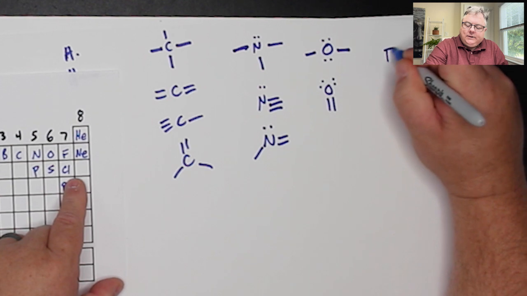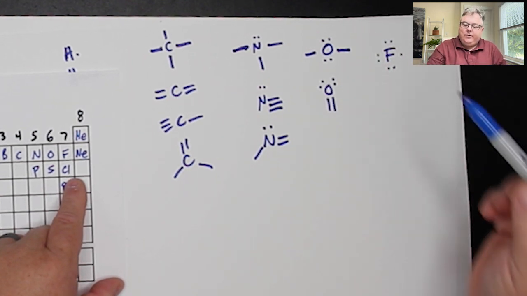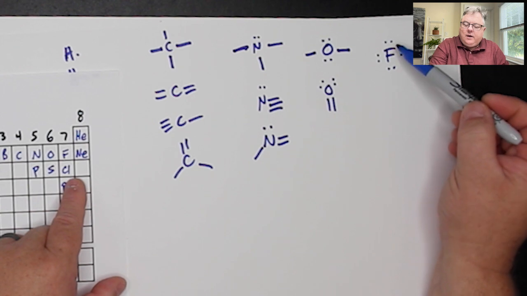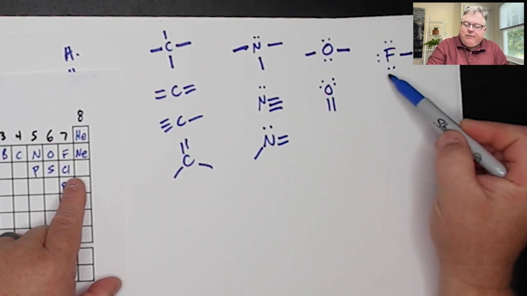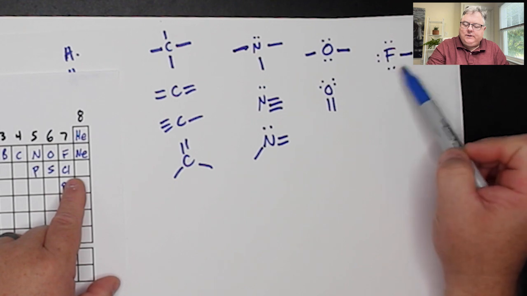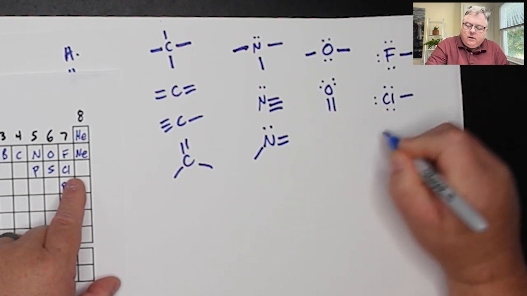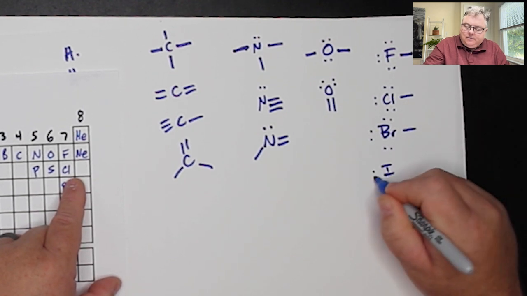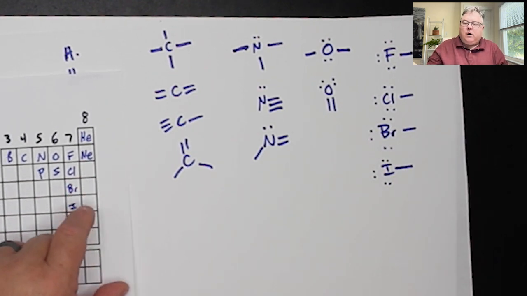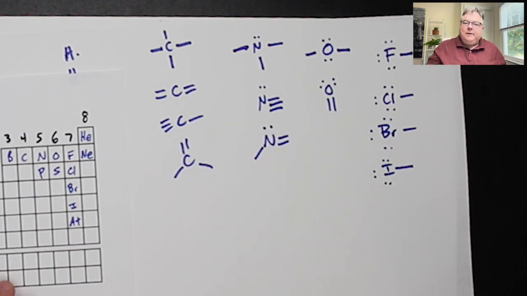And my halogens, since they start off with 7 electrons around them in the valence shell, will only form 1 bond, much like hydrogen, and have 3 lone pairs of electrons. So 2, 4, 6, 8. So fluorine, chlorine, bromine, and iodine all like 1 electron. So these are my normal bonding patterns.